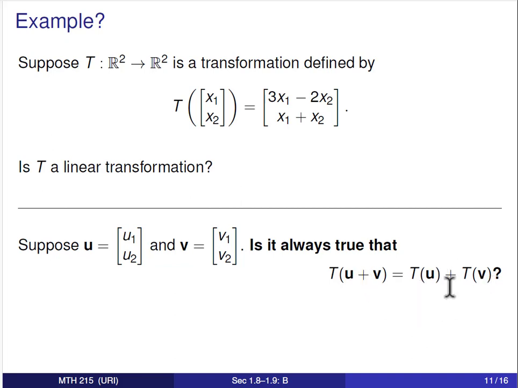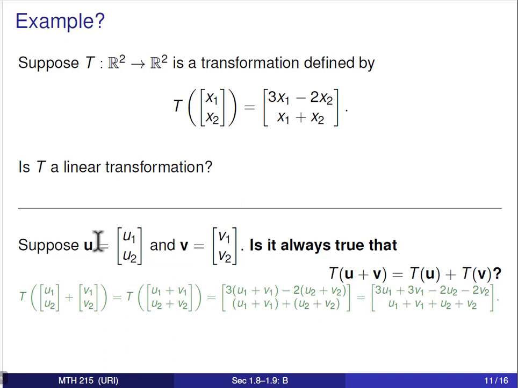Okay, so let's take the first quantity on the left-hand side, T of u plus v. Now if we plug those entries in, we can actually simplify. u plus v, where u1, u2 plus v1, v2, is just the vector u1 plus v1, u2 plus v2, right? We're just doing vector addition inside there. Now we're going to use this rule. We're going to think of x1 as corresponding to the top entry and x2 as corresponding to the bottom entry.